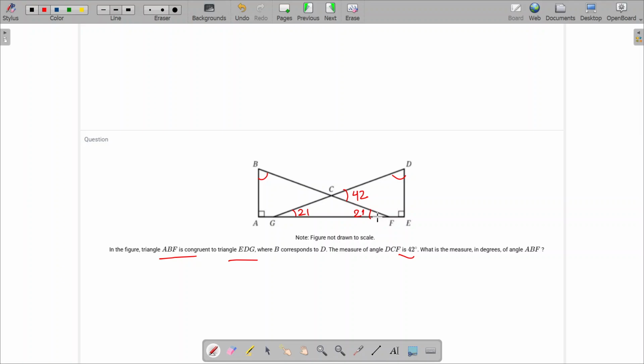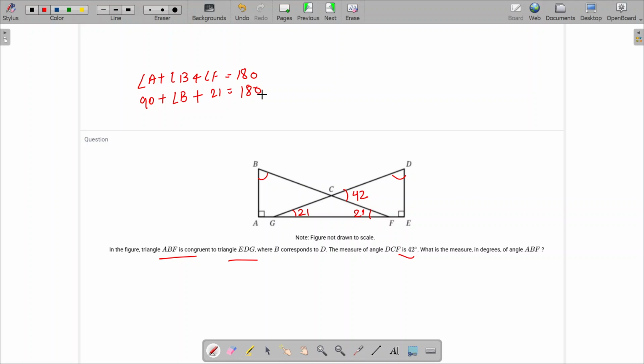Right? Now, in triangle ABF, I already know two angles. Can I find the third one? Yes. I can do angle A plus angle B plus angle F equals 180. I already know angle A, which is 90, and I want to find angle B, plus angle F is 21.